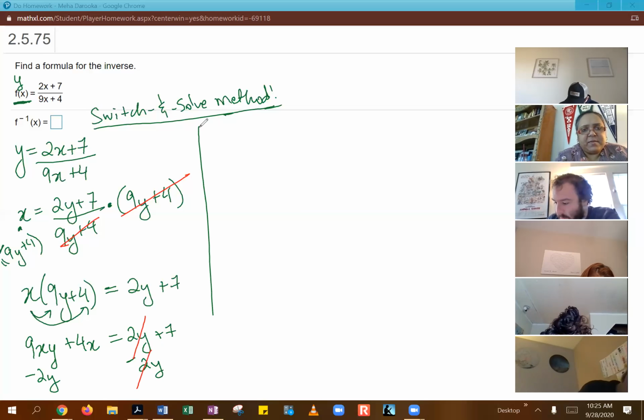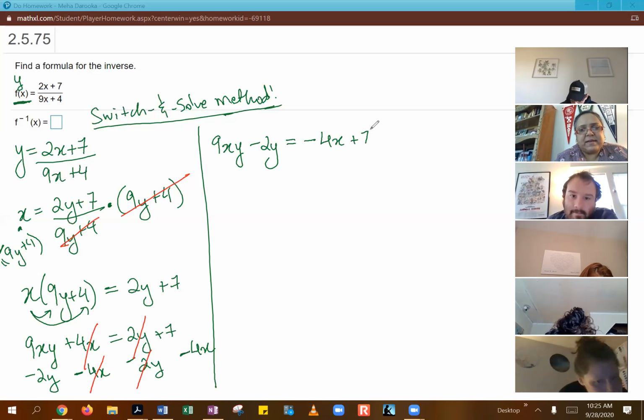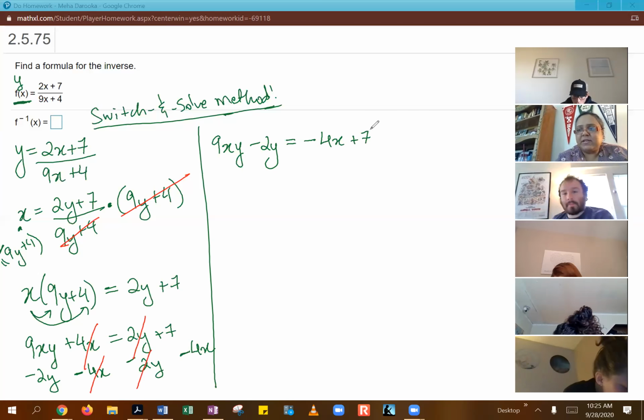So let's see, we will end up with, you know what, while I'm actually here, let's go ahead and move that 4x to the right-hand side also. So on the left-hand side, you should only be left behind with 9xy minus 2y. On the right-hand side, we should have minus 4x plus 7. So all the y terms are now on the left-hand side. The ones that don't have y are on the right-hand side.